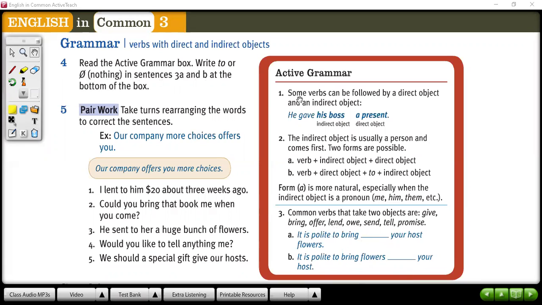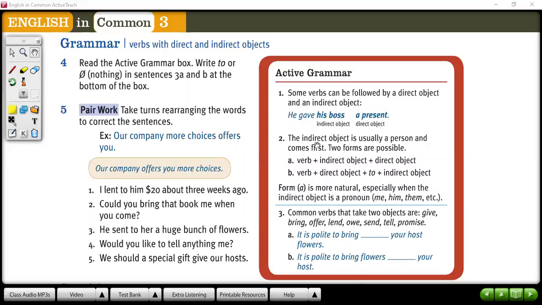As you can see, it says some verbs can be followed by a direct object and an indirect object. Some verbs, not all the verbs. Which ones? The common verbs: give, bring, offer, lend, owe, send, tell, promise, buy as well. For example, he gave his boss a present. His boss is the indirect object, a present is the direct object.